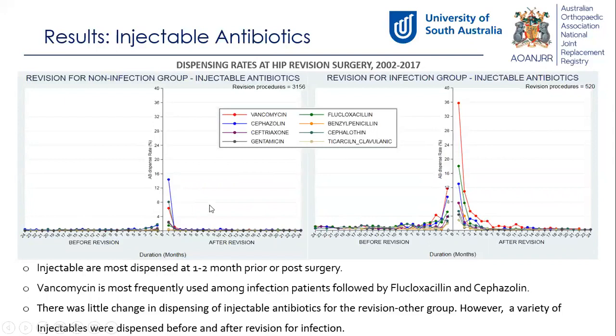You can see here there is very little change in the non-infection group for the injectable antibiotics. They are used for 1 month, and from the second month onwards, there is very minimal use. But in the infection group, you will see there is a variety of injectables used, and they are used for quite a long time.